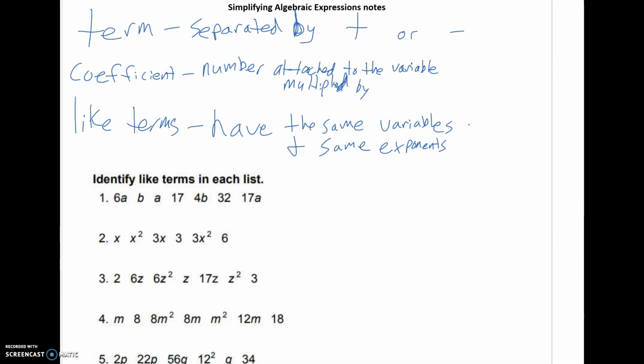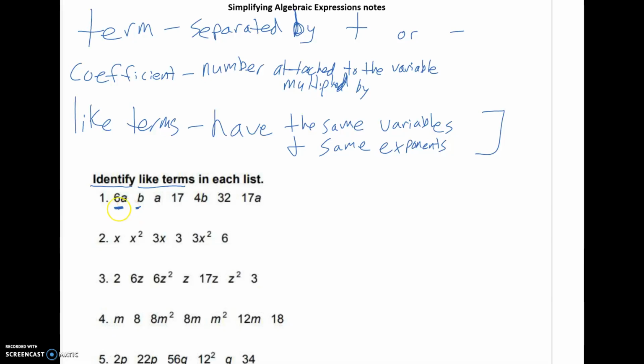So these first few problems, we are identifying like terms. Okay. So remember, like terms have the same variables and the same exponents. So let's look at number 1. We have 6a. Would b be a like term with 6a? No, it would not, because the variables are different.